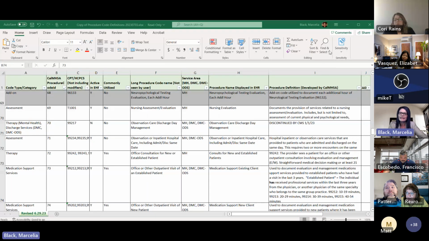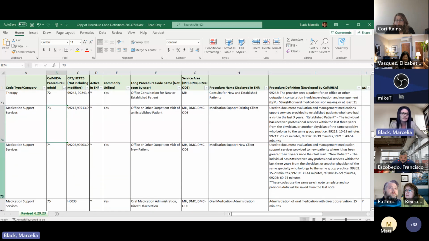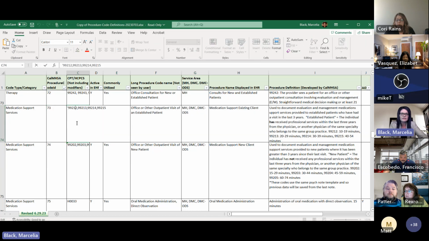I think you'll be sending it on your CMS 1500 form, correct? I'm showing the full Cal Mesa crosswalk that's going to go out today, which was another piece of information we were going to share anyway. I'm looking right here at line 74, where the procedure code is 73, and it includes the four codes that we talked about.